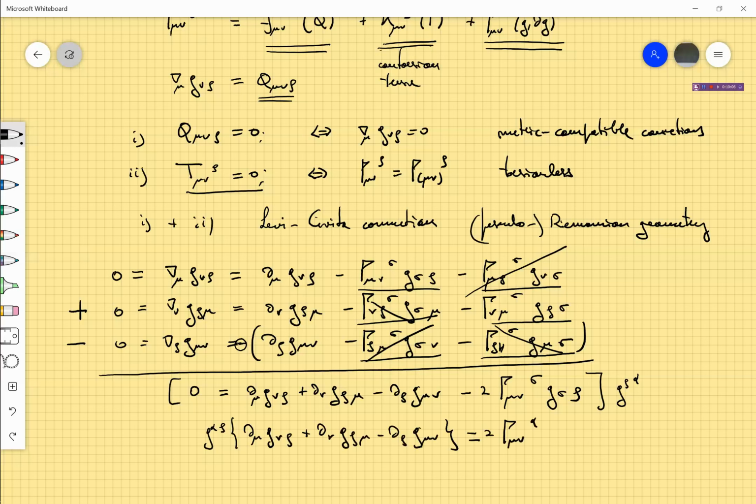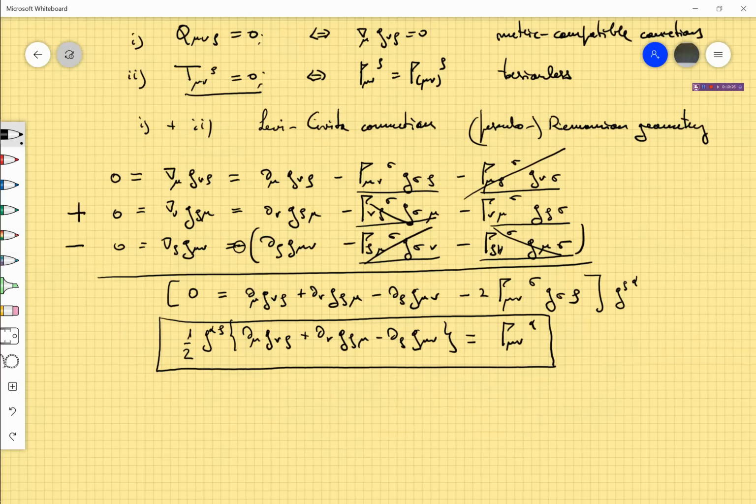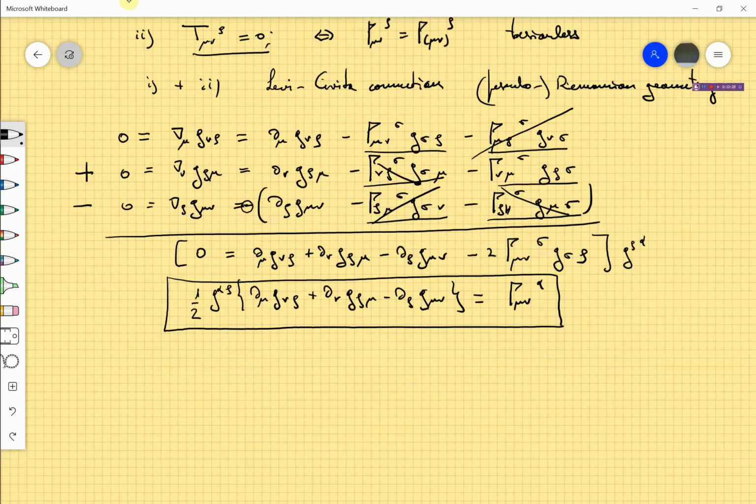Okay, so this is equal to this, then I divide by 1/2. And you see that the answer is unique, so there is a unique connection that satisfies these properties. And the components of this connection are given by these partial derivatives of the metric computed in this way.